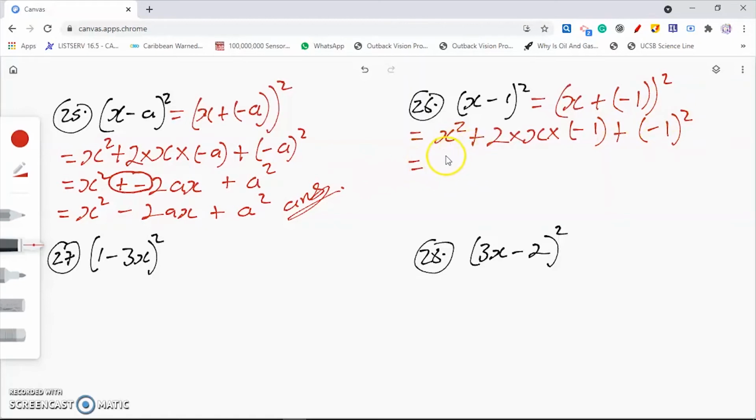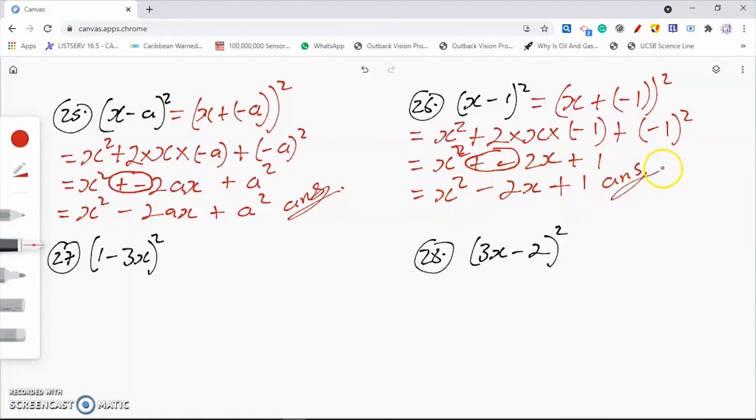Then we simplify that, we get x squared plus 2 times x is 2x, and 2x times negative 1 is negative 2x, plus negative 1 squared is 1. That simplifies to x squared minus 2x plus 1, and that's our answer here.